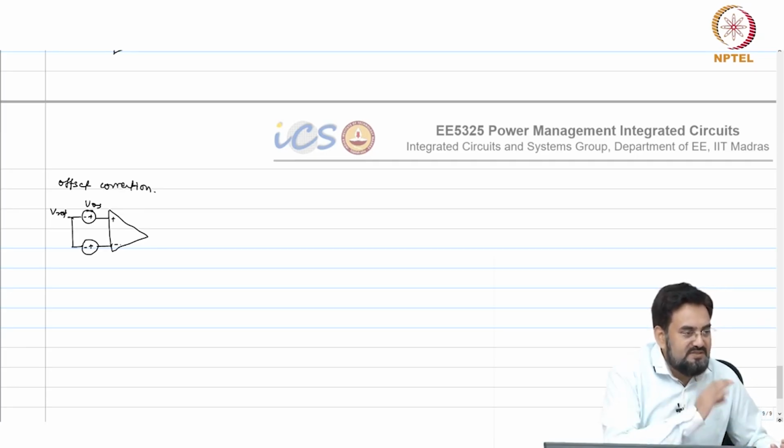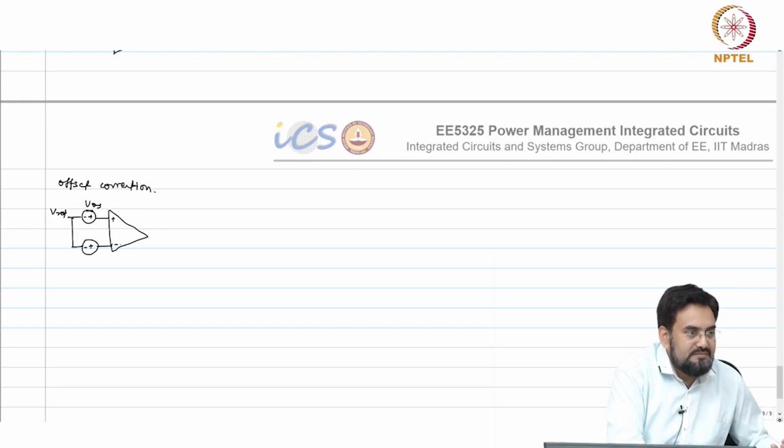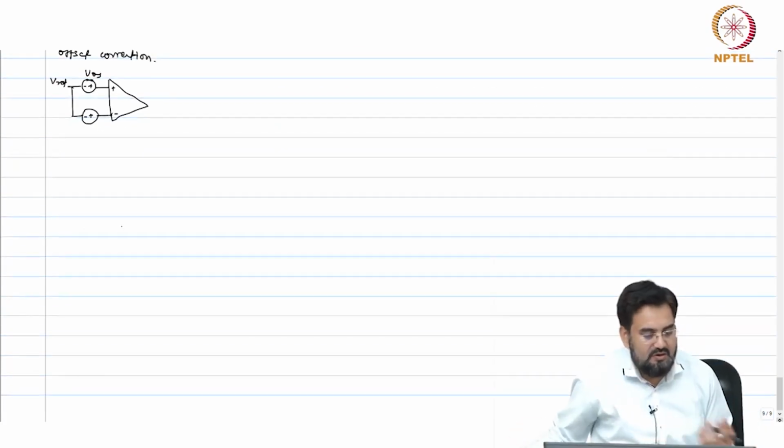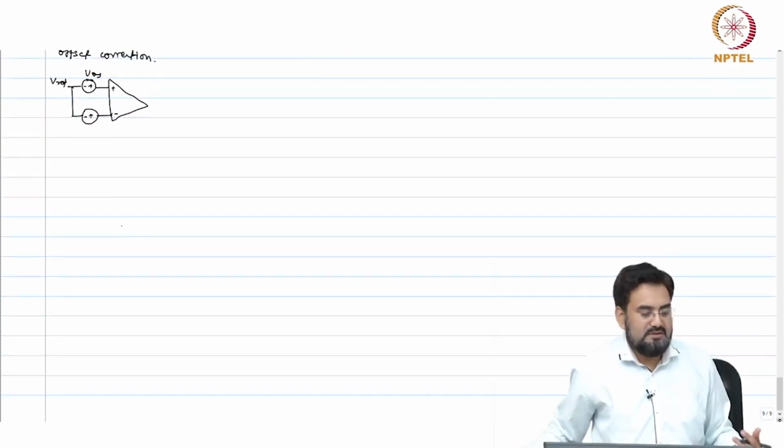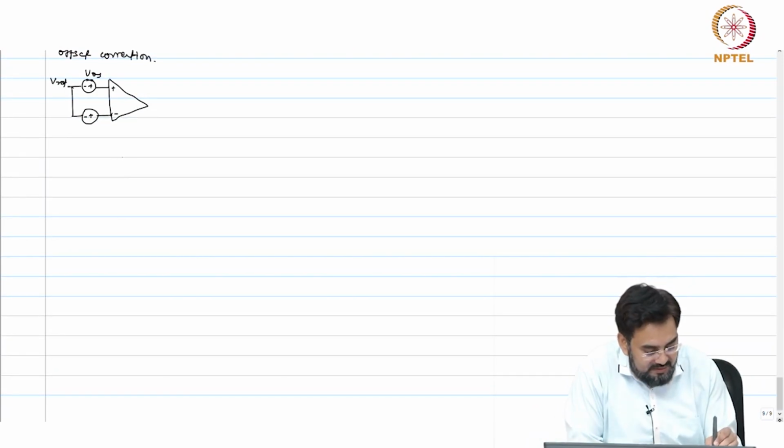So I know the offset is in which direction. Now you try to increase the weight on the other side. How can you do that? So we know the diff pair.